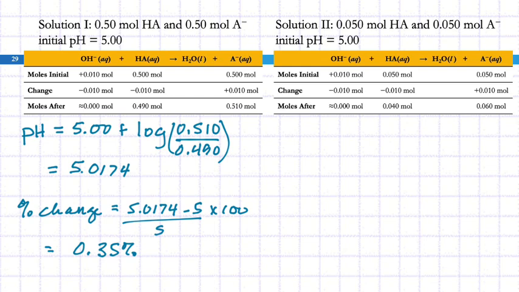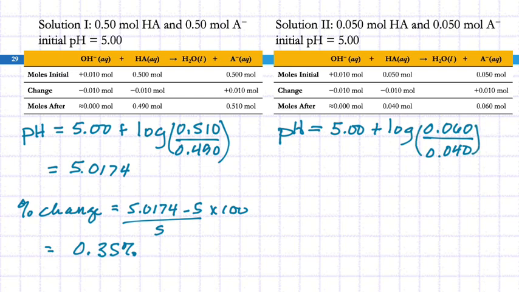And then we're going to look over here, adding the same amount of hydroxide, but now we have smaller amounts of our conjugate acid or acid and conjugate base. So when we do the Henderson-Hasselbalch equation, now we have 0.06 for the base and 0.04 for the acid.